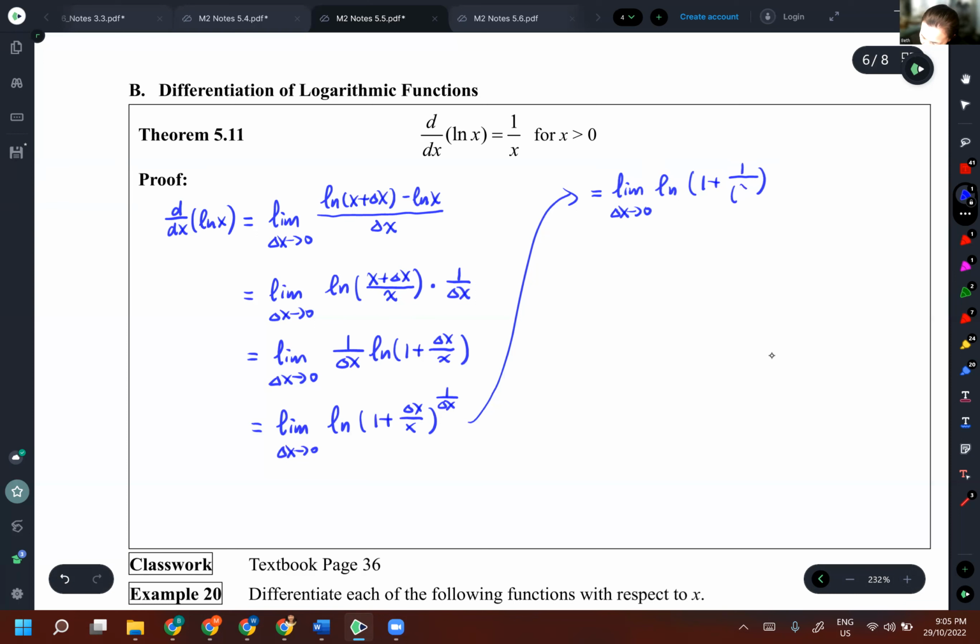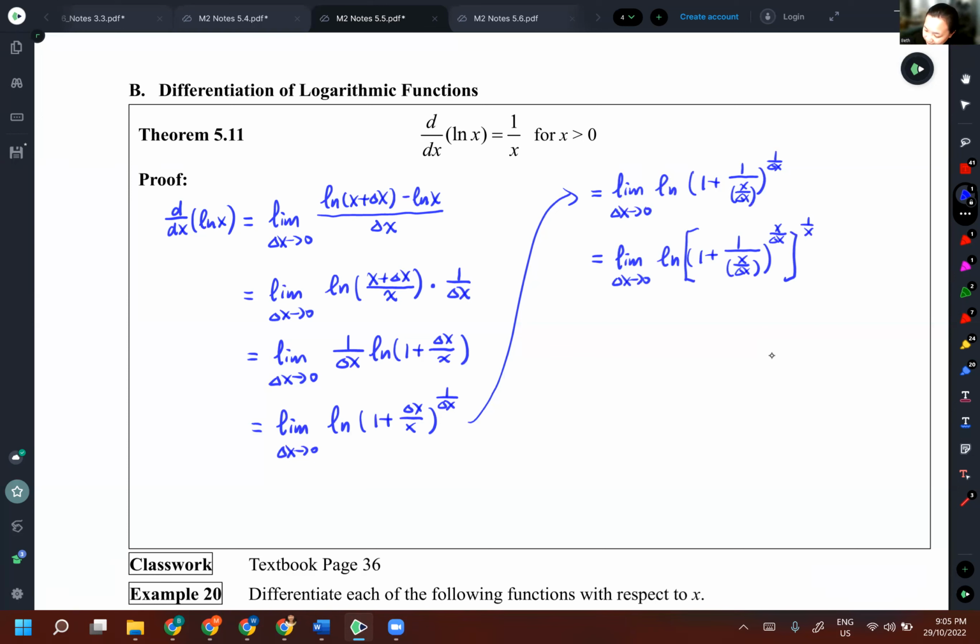This one is x divided by delta x, 1 over delta x, and then ln 1 plus 1 over x over delta x, and then this is x over delta x to the power 1 over x.